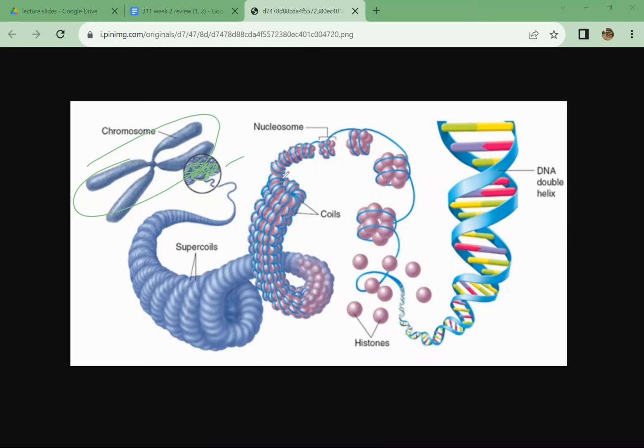And if we continue to zoom in, we find out that the coils are comprised of these little balls. These red parts of the balls are called nucleosomes, and they're just little histone proteins. Each individual ball is a histone protein that connects to this important blue strand.